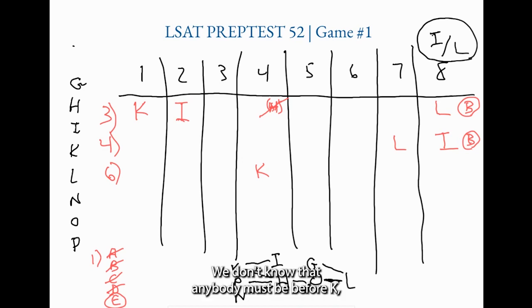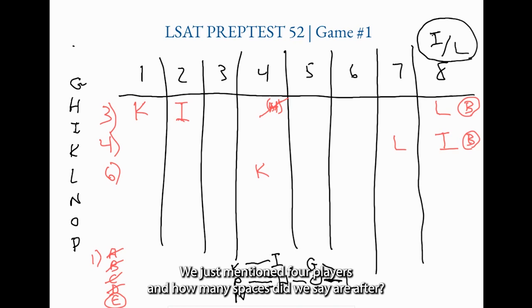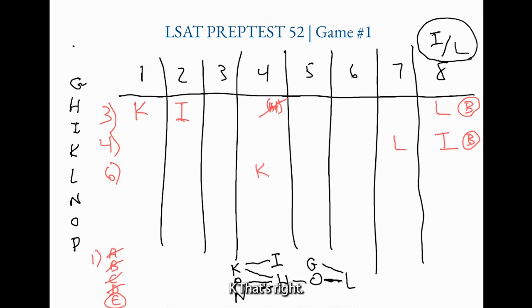We don't know that anybody must be before K, but we certainly know players who must be after K. Let's enumerate those. I, H, and keep following the lines, O, and L. We just mentioned 4 players, and how many spaces did we say are after K? That's right, there's exactly 4 spaces for 4 players.